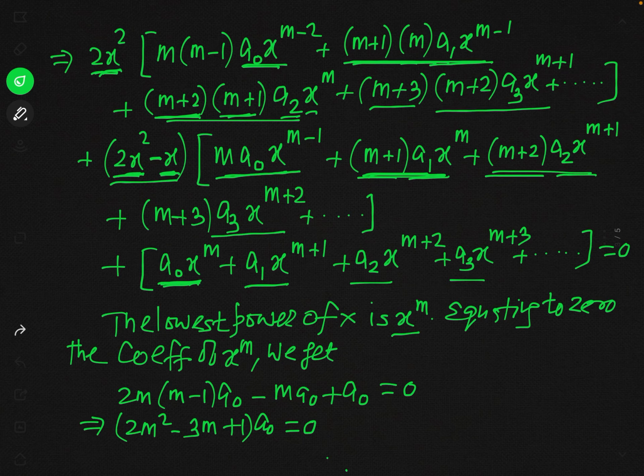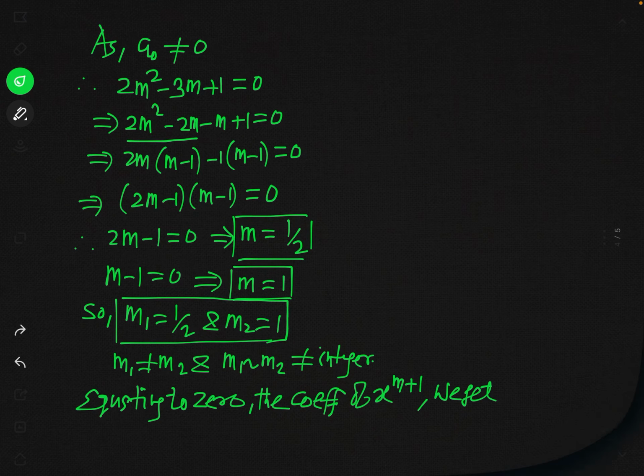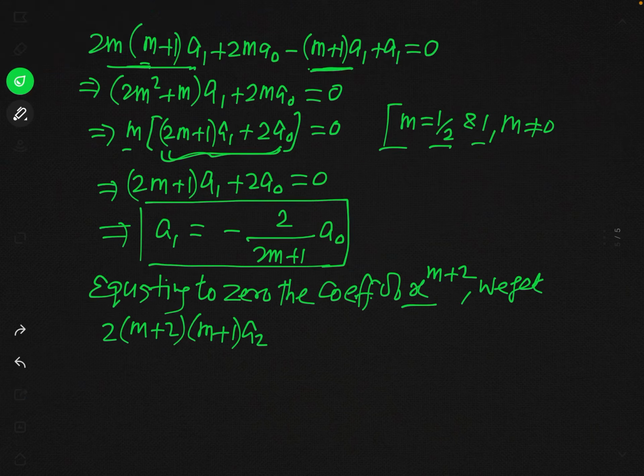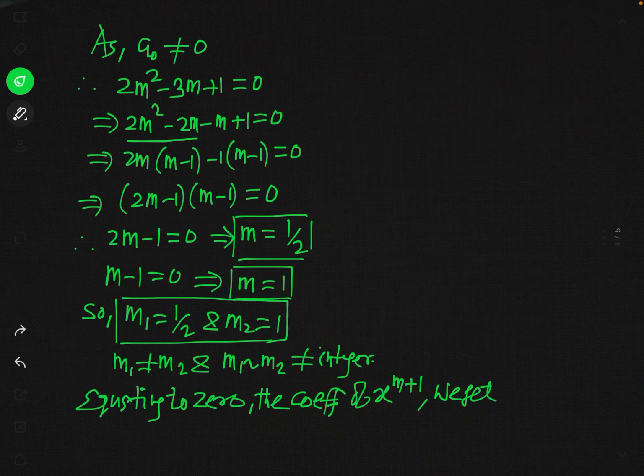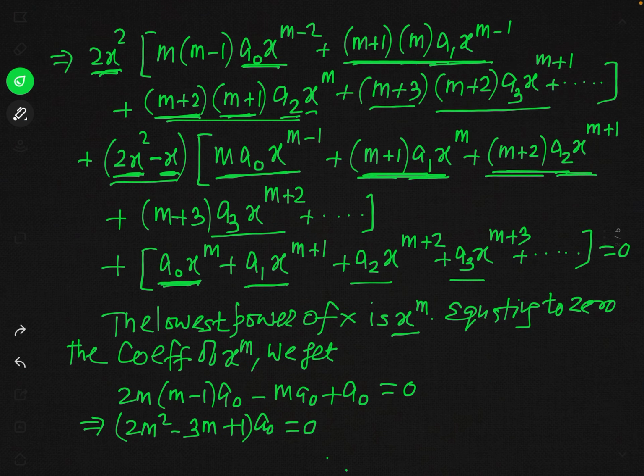So the second term will be minus (m plus 2) into a2. So first of all, write this. The second term will be minus (m plus 2) into a2.